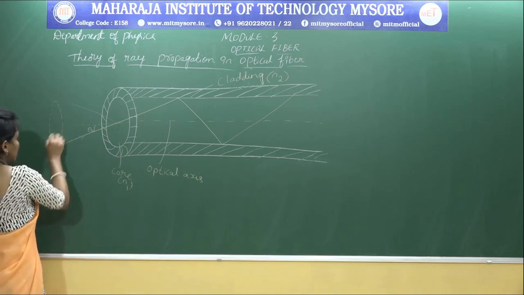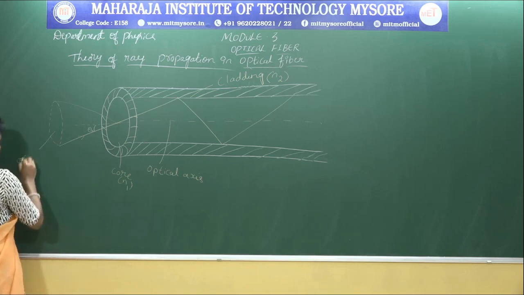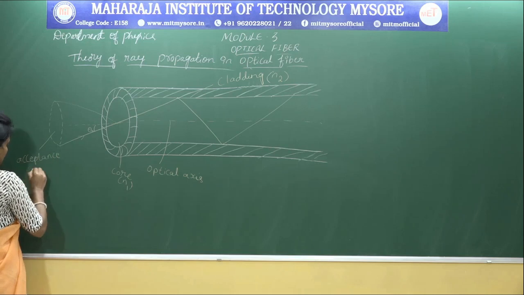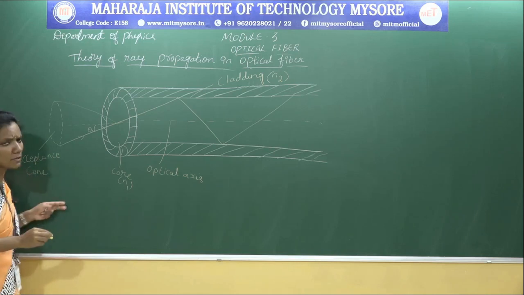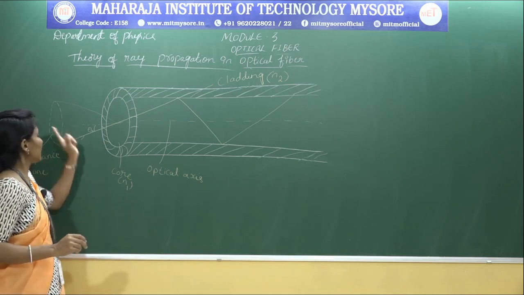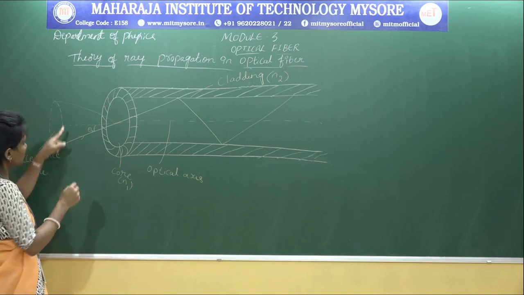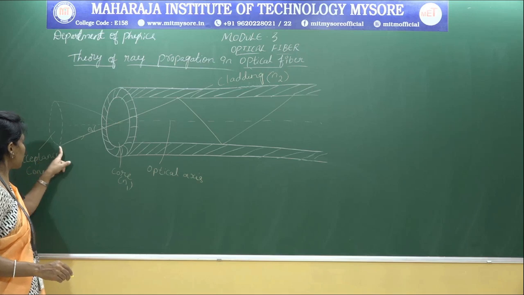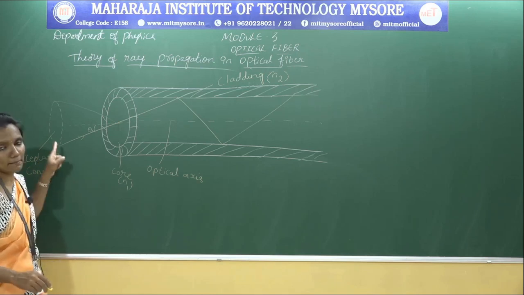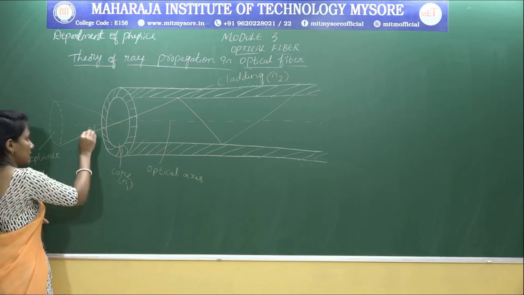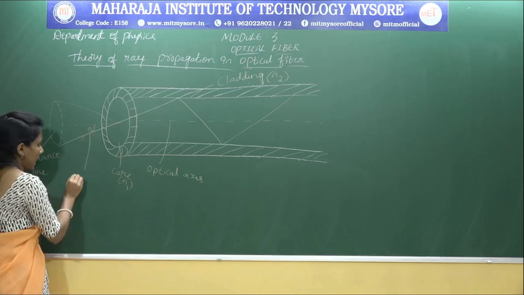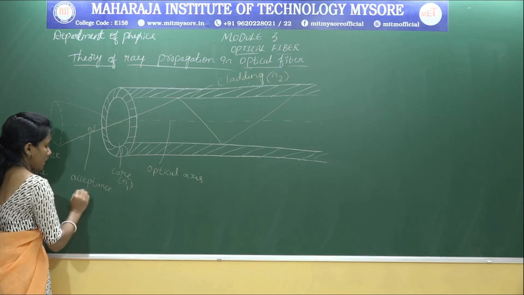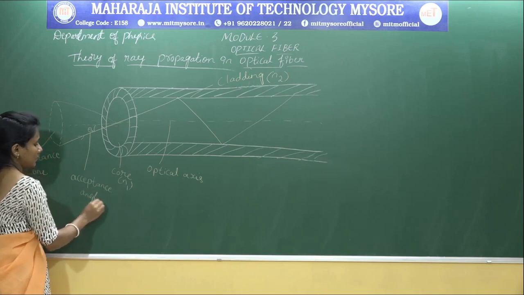We call this the acceptance cone. When some of the ray of light reflects back, it takes a cone-like shape, which we call the acceptance cone, where theta naught is the acceptance angle, this incident angle.